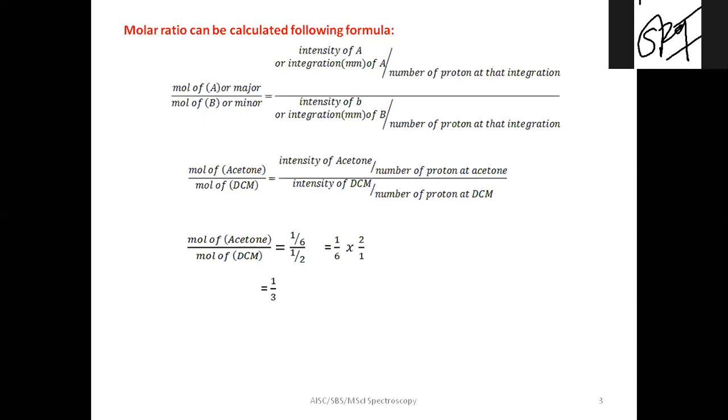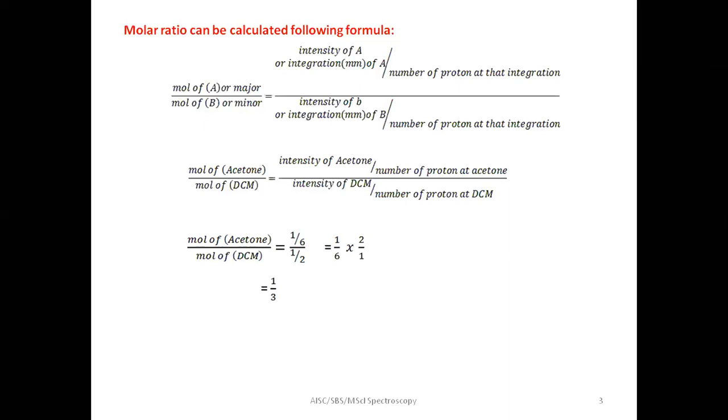That is, 1 is the intensity of acetone, 6 is the protons, divided by 1 intensity of DCM, divided by 2 protons of DCM. So it equals 1 by 6 into 2 by 1, because the denominator turns into multiplication. By calculating, that is 2 by 6, and this gives 1 to 3.